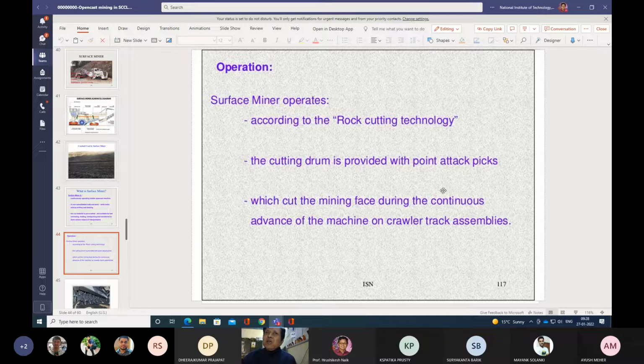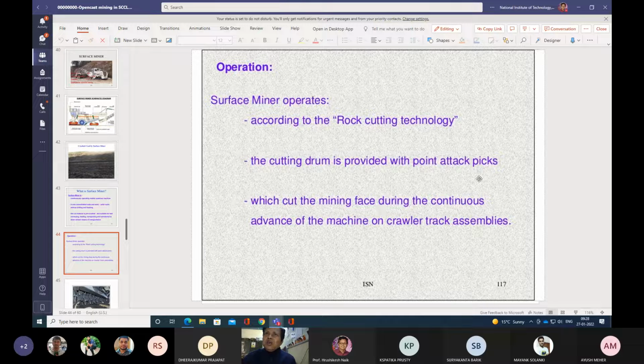The cutting drum is provided with point attack picks. So we have seen in the diagram the drum. There is a drum, and on the drum there are some cutting tools, pointed attack picks. With the help of these, when the drum rotates, the material is caught by the point attack picks, which cut the mining face.